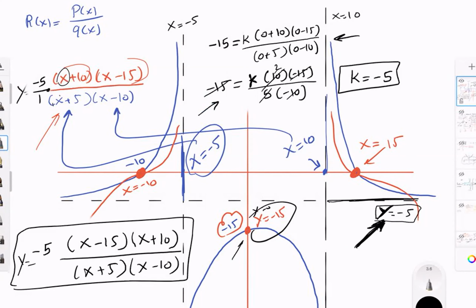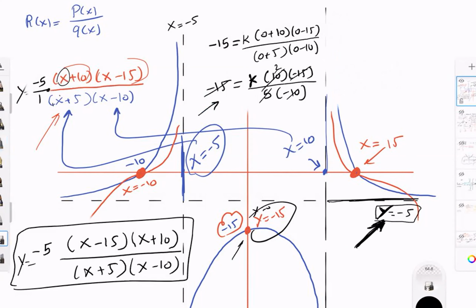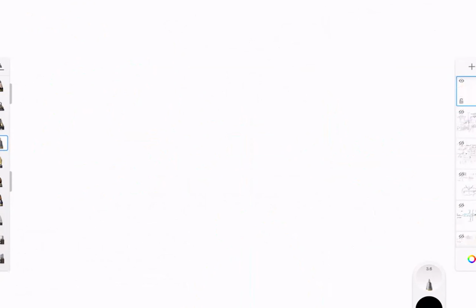So we have -15 equal to k times 5 times -10, correct? Oh, okay, sorry, I got it now. I just forgot why it was -15. Thank you. Okay, good.